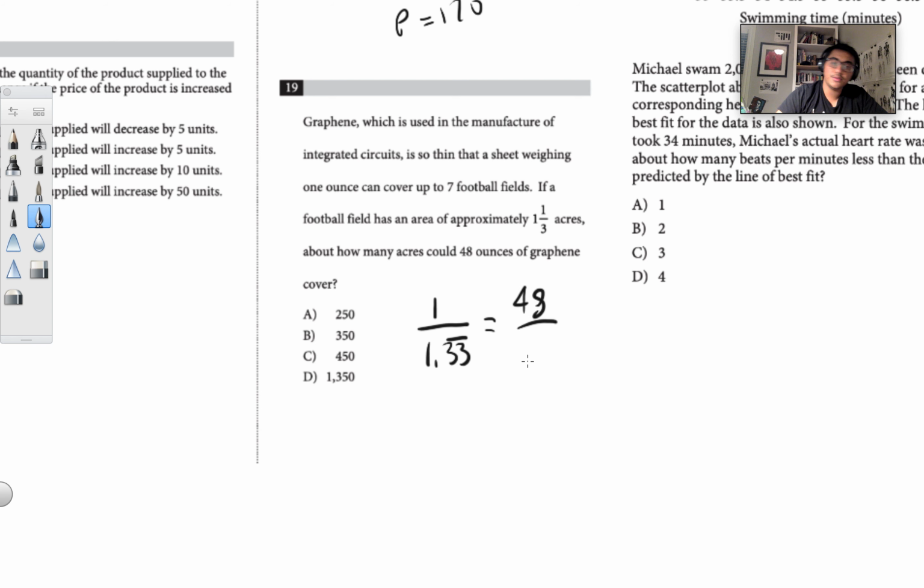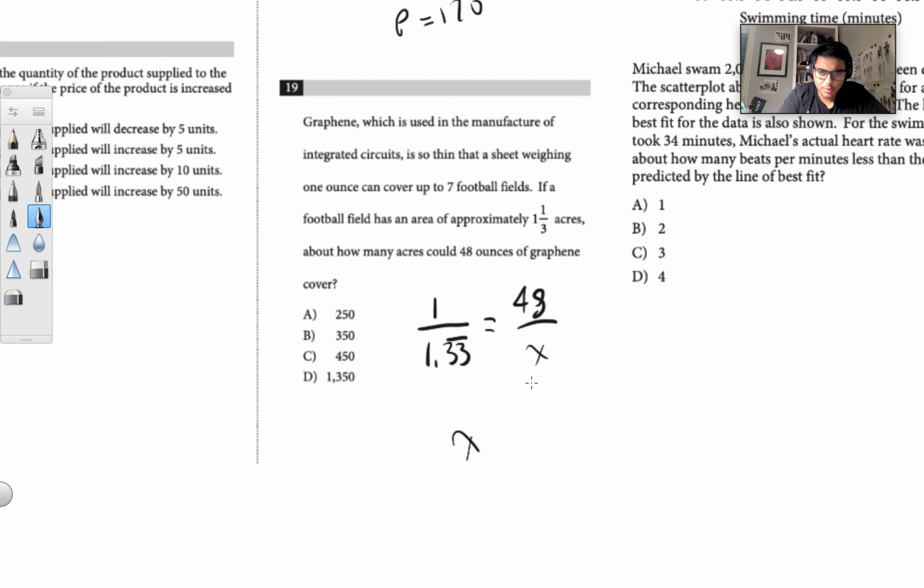So we're looking for x, so cross multiply and divide. 48 times 1.33333 divided by 1 is equal to 63.64, so 64.